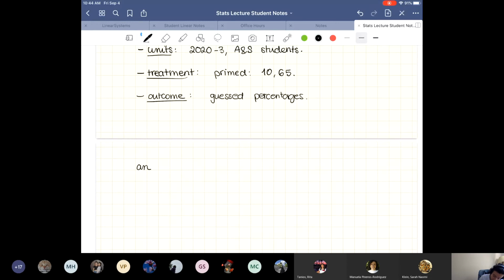There's something called the anchoring heuristic, which is something that humans tend to do: if I suggest a value to you and then I ask you a question, you tend to think about that value that I have just given you and probably pick a number that is close to it. So you're going to remember the number that I just gave you, that means 10 or 65, and then you're going to unknowingly, without realizing, choose a number that is close to the value that I gave you. Okay, so that's what I'm trying to test here.